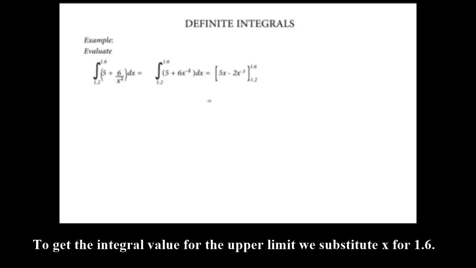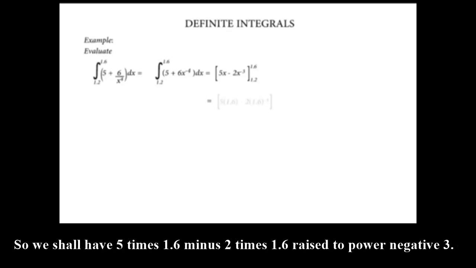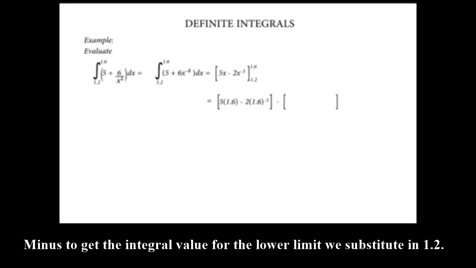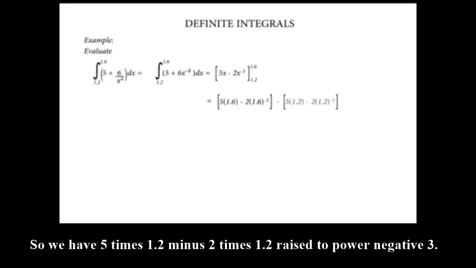To get the integral value for the upper limit, we substitute x for 1.6. So we shall have 5 times 1.6 minus 2 times 1.6 raised to power negative 3. Minus, to get the integral value for the lower limit, we substitute in 1.2. So we have 5 times 1.2 minus 2 times 1.2 raised to power negative 3.